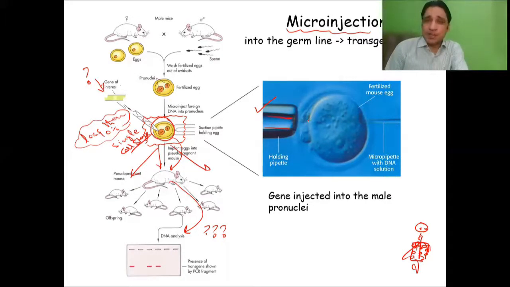Because of the pressure sensors and all these things, you need to be a wonderful artist in order to do that experiment. Hold the zygote with one pipette using suction here. And then you can see this one. This is the syringe injection needle. It's a very small injection needle.